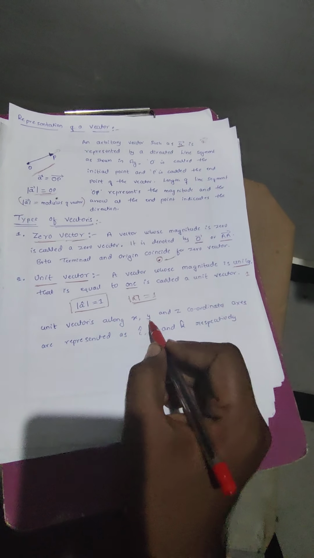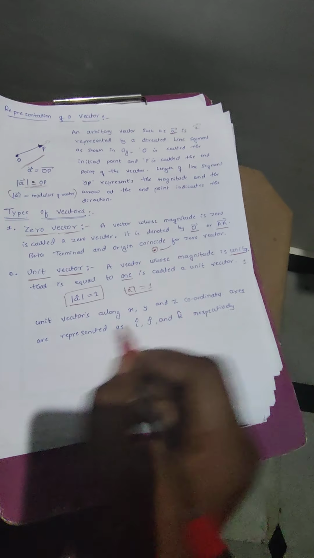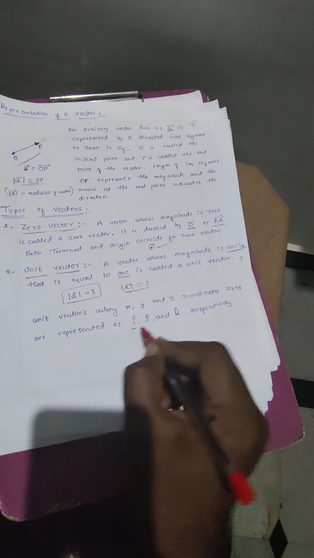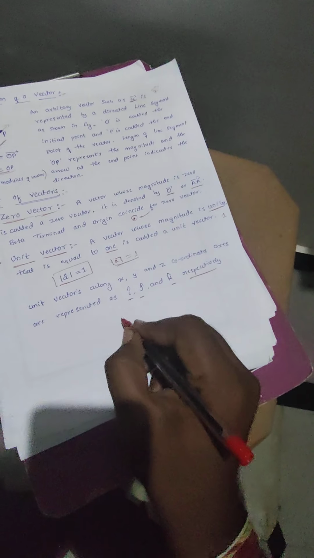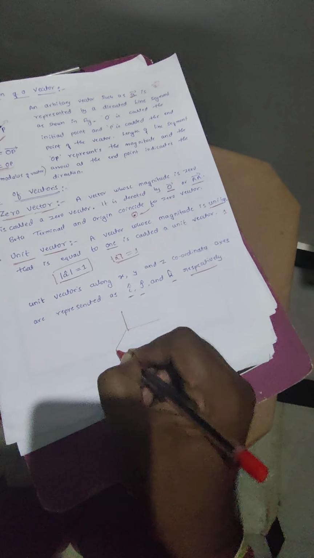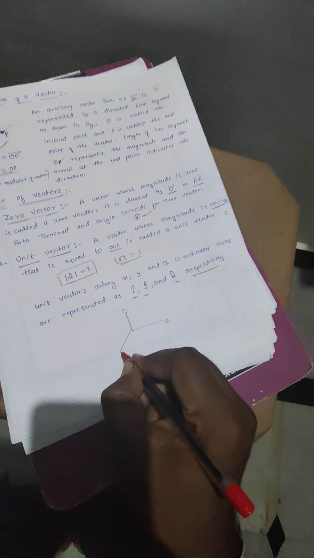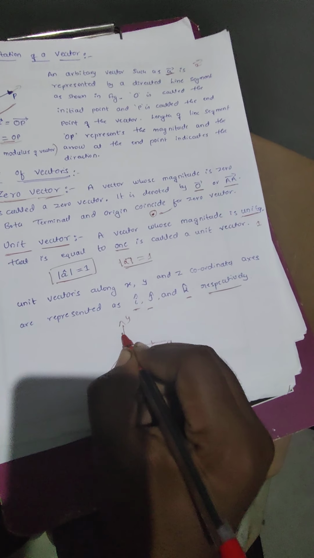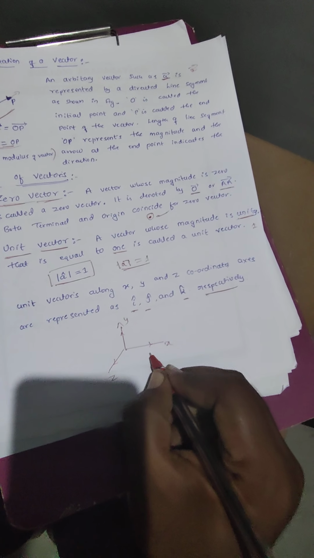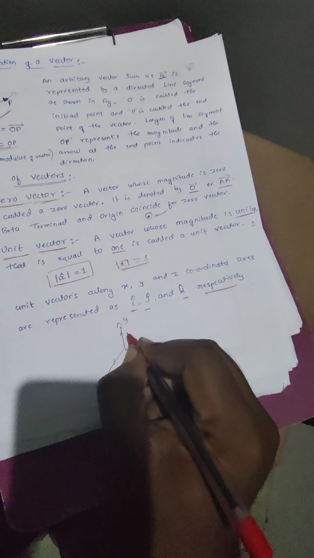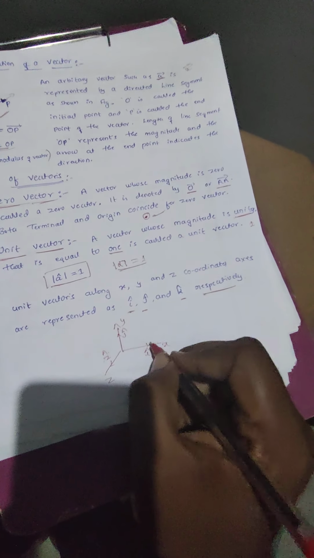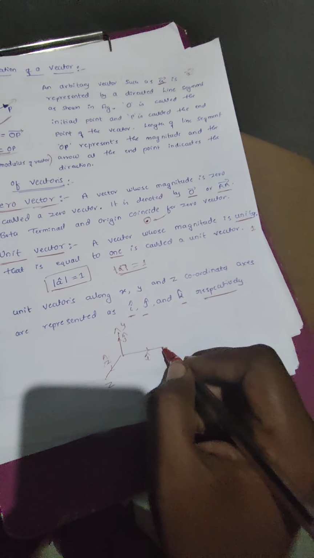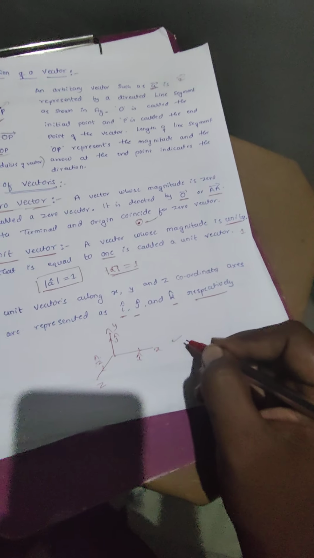Unit vectors along x, y and z coordinate axes are represented by i cap, j cap and k cap respectively. These are the unit vectors along the x, y, z directions.